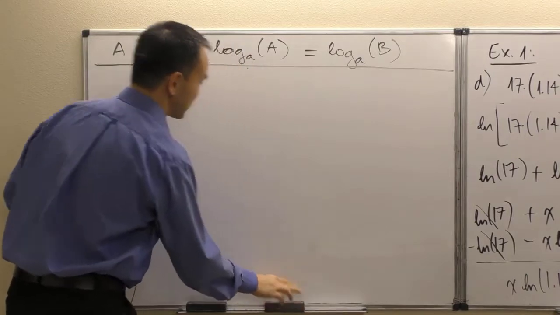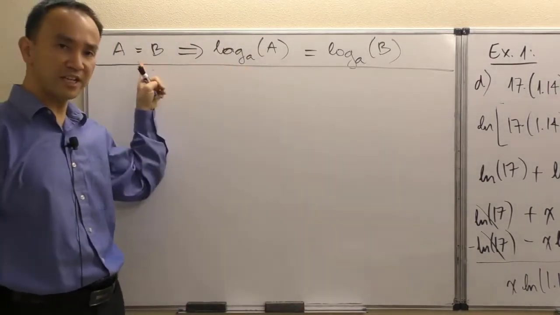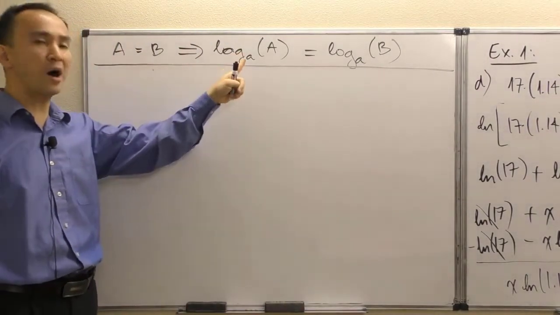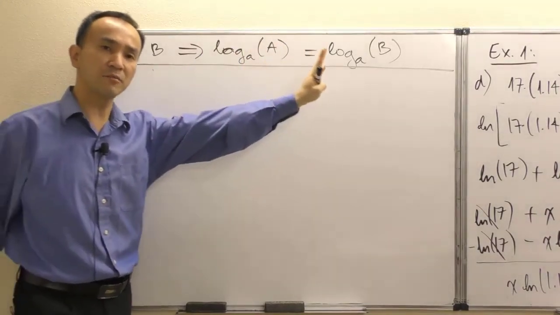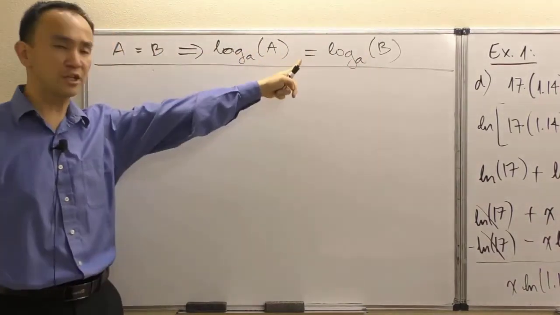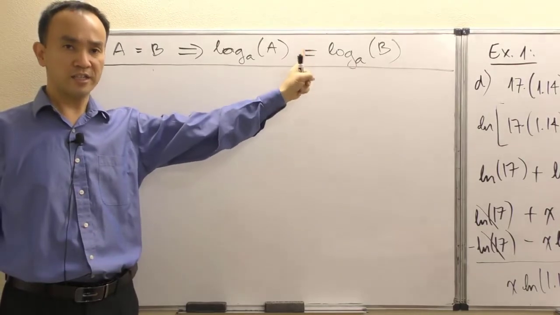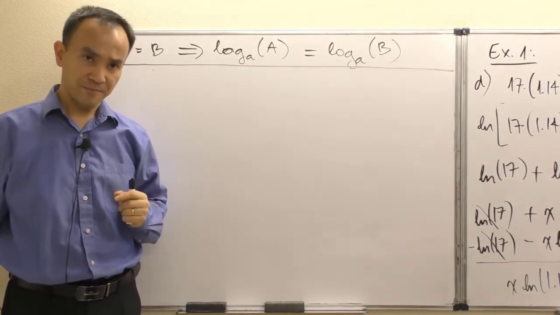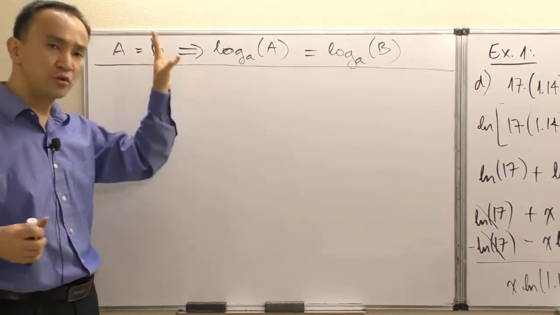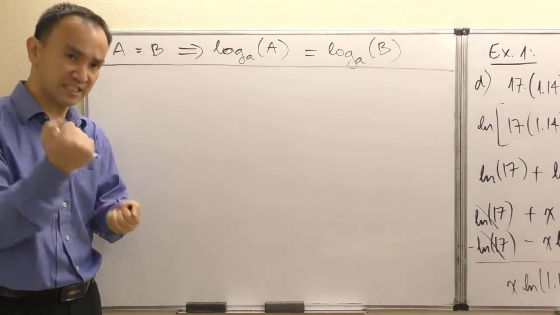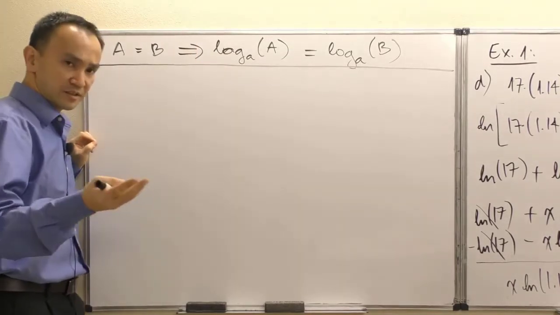All right, so this is what we've learned as a fact here. Anytime we have an equality, we can take the logarithm on both sides of our equality, and the equality still holds true. Particularly, we use this known fact as a method to solve.